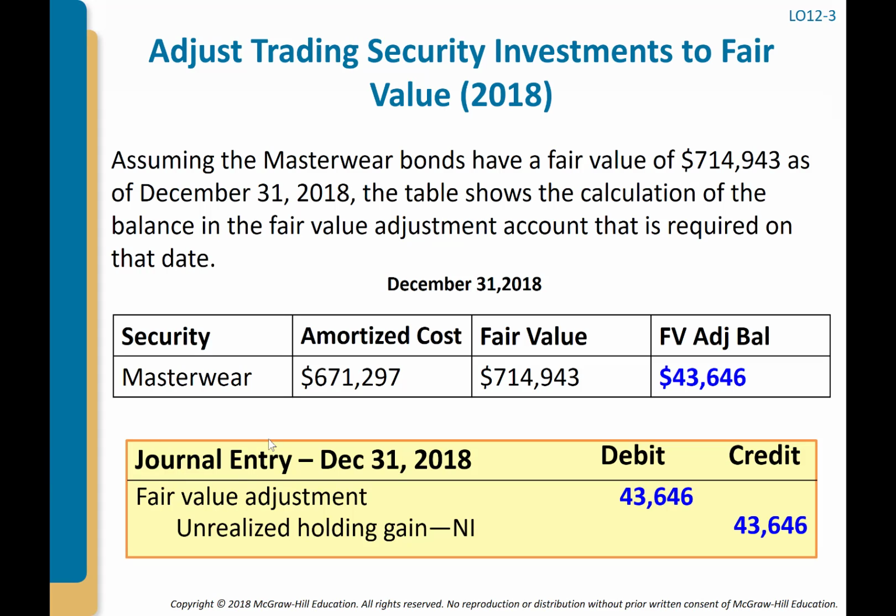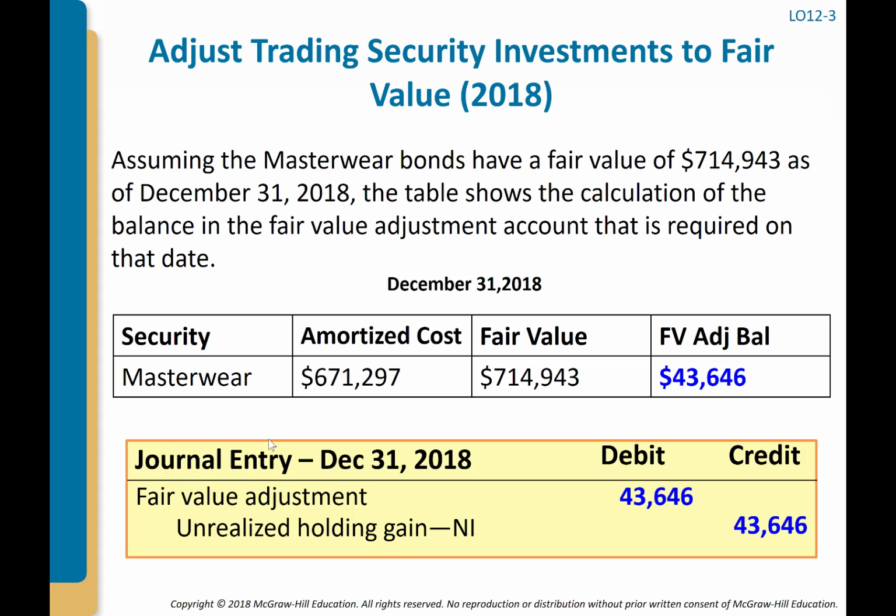So we'd have the discount, which would be coming off, 28,703, and then we'll have the fair value adjustment of 43,646. And so the net carrying value of the investment now comes to this 714, right?